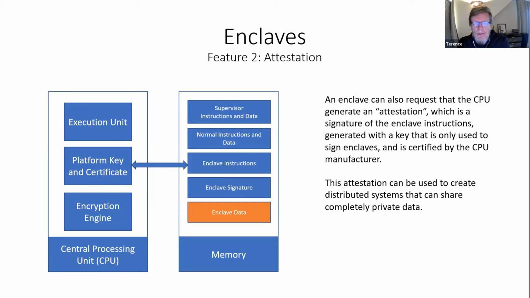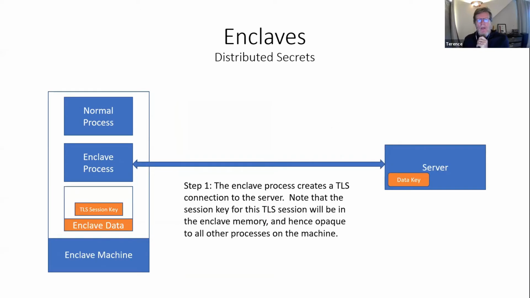This is going to allow us to create a cryptographic attestation that can be verified by somebody off machine that the program they're interacting with is actually within an enclave, and that all memory this enclave is interacting with is encrypted. And this is actually going to enable us to create secure systems where the supervisor or someone with physical access to memory can't actually read things.